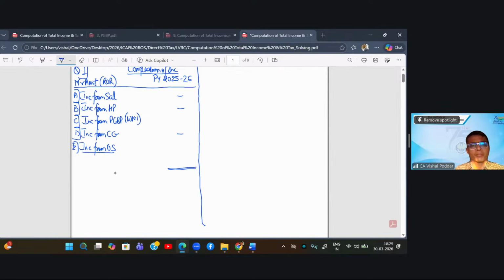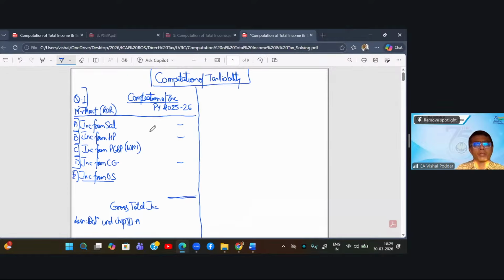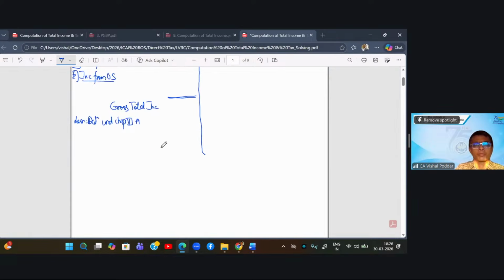So this is my gross total income, less deductions under chapter 6A. Now remember students, the first working we are doing is new scheme, and then parallelly we'll do the old scheme also, correct? So this is my total income.